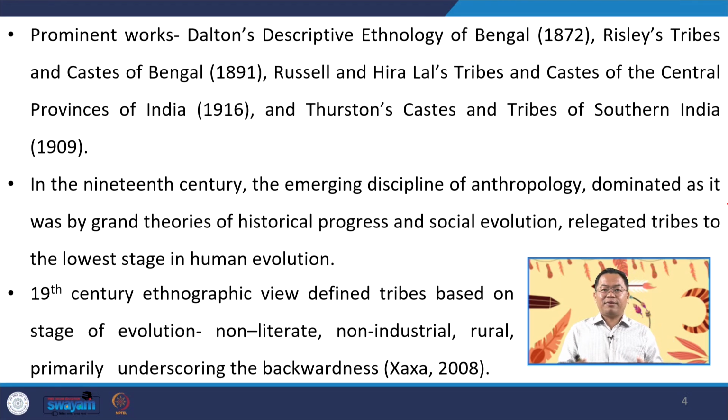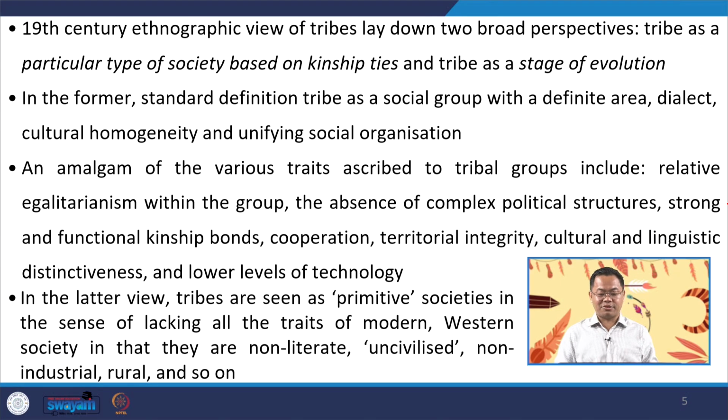And unlike modern society, tribes are largely non-modern, and ethnographic work by the colonial writers significantly contributed to this, in that they began to identify tribal communities as those who are non-literate, non-industrial, and predominantly agrarian and rural. All these characteristics define or shape the notion about tribes in India.